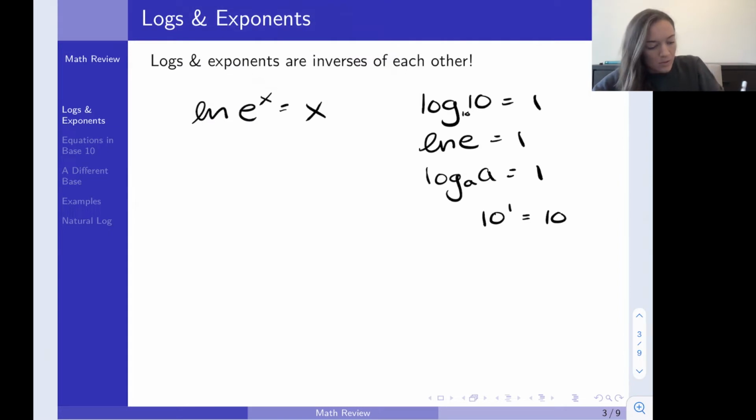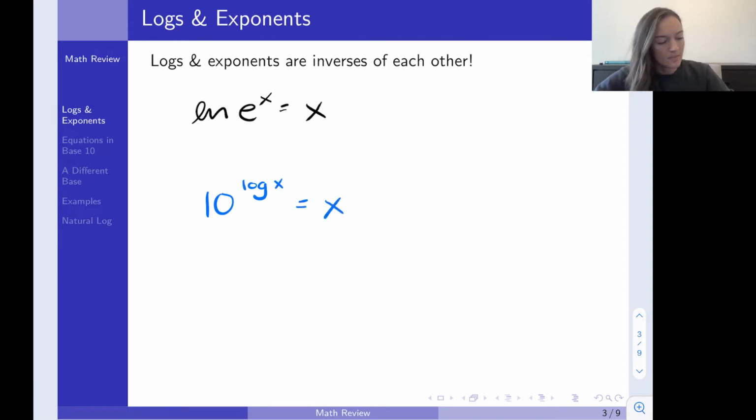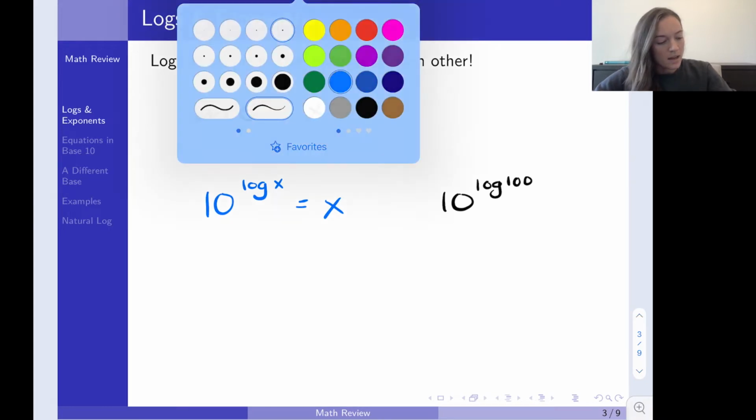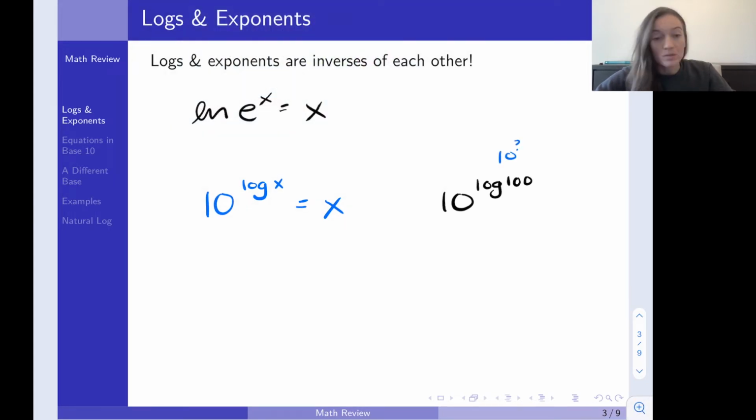And now the same goes for if we did 10 and then raised it to some log, let's say log x, this would also be equal to just x. And this is because, let's look at if we do 10 to the log of 100, and this is base 10, this log. So we know that log of 100 is asking us, okay, what power do I have to raise 10 to in order to get 100, right?